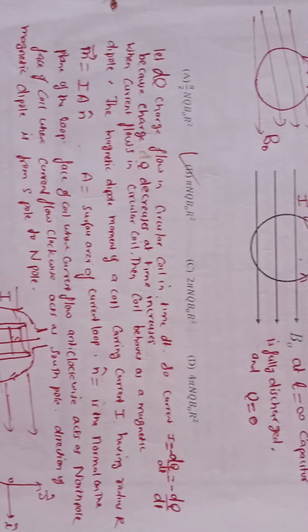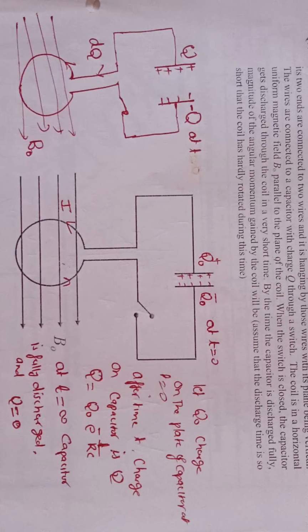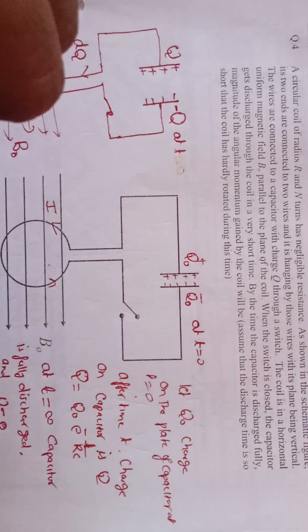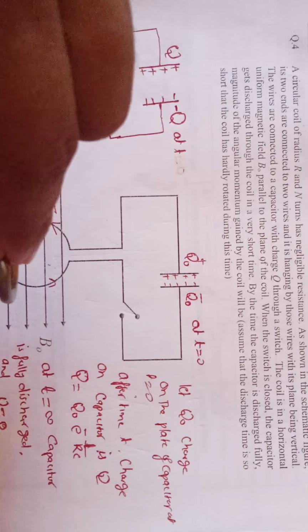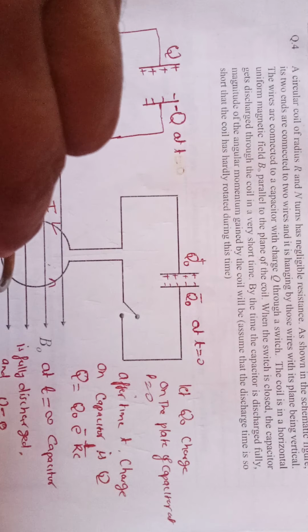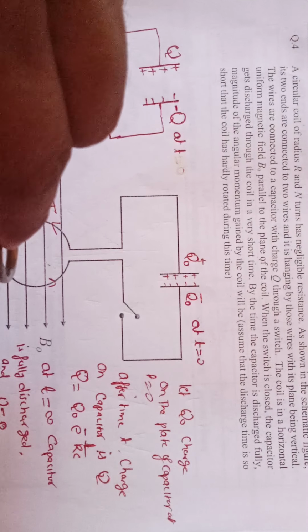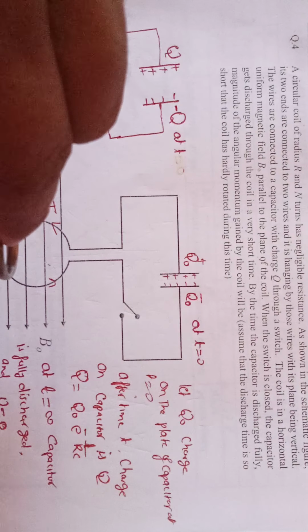Now once again we want to confirm the direction, how you will get the direction in these questions. Then you see the diagram. We have this circular coil, with two connectors wired to the capacitor, and this is the plane of the coil, and this direction is the magnetic field.